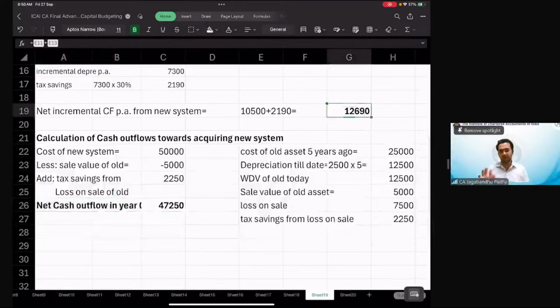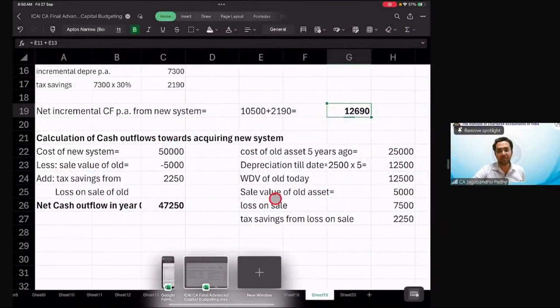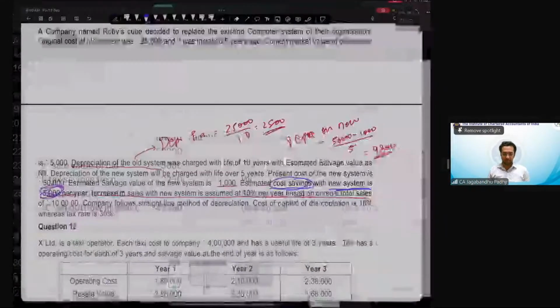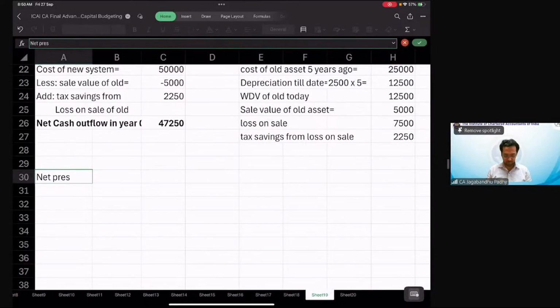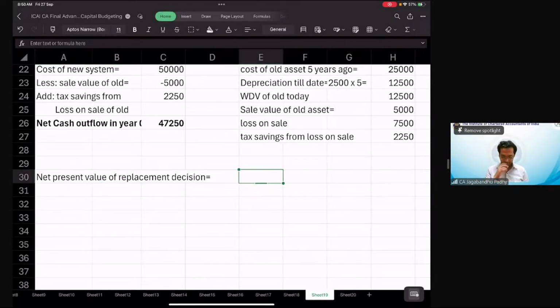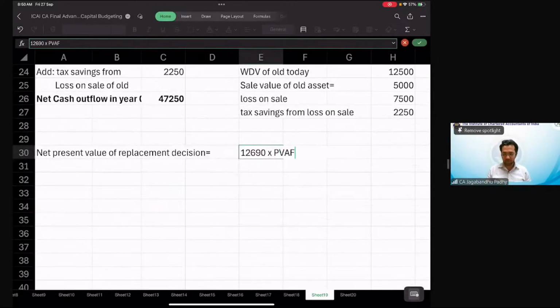And every year we are having a cash inflow of 12,690 for the next 5 years, right? Because life of the new machine is going to be 5 years, correct? So now I have to get the NPV. I can say net present value of replacement decision will be 12,690 multiplied by present value annuity factor at, what's the rate? 10% for 5 years.